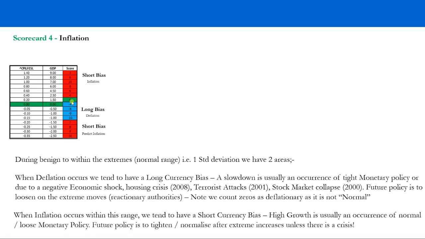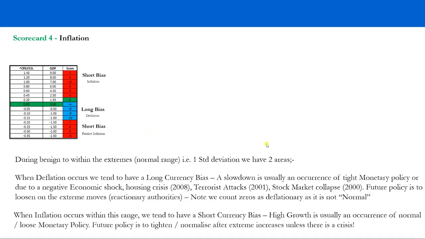And it's a minor deflationary score, so a minor long bias. This goes back to our analysis earlier when interpreting the numbers, that because inflation is so normal, ex food and energy, throughout history, the abnormal situation of zero can be considered to be deflation.